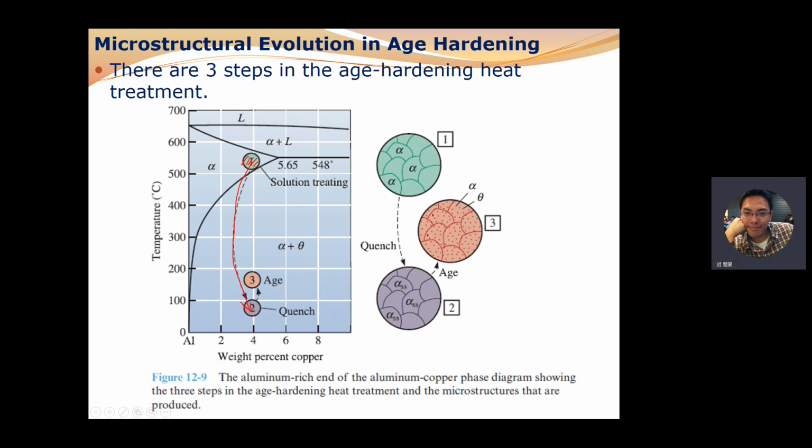The martensite, right? Therefore from point 1 to point 2, by quenching, the phase is still uniform alpha phase, alpha solid solution.